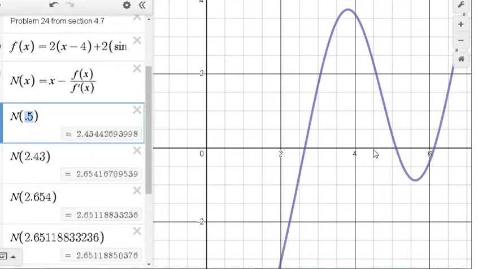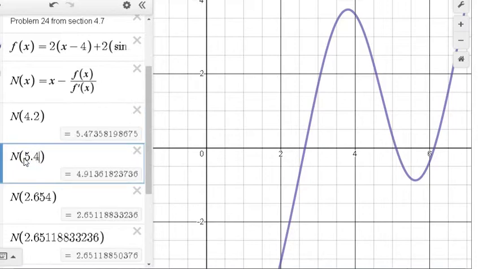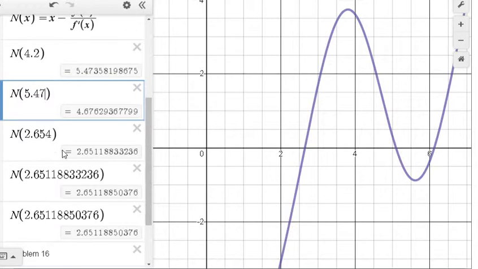Let's do 4.2. And then I'm getting closer to this one. So now I got 5.47. Let's put that in here next. 5.47. I get 4.67. Okay. Let's keep going. 4.676.